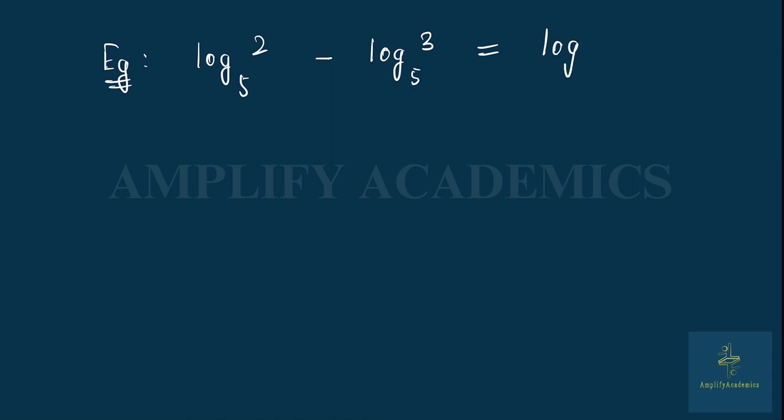Let's see some examples. Let's say you have log base 5, argument 2, minus log base 5, argument 3. What's going to happen is you're going to divide the arguments. And if you have log base 5, argument 3, minus log base 4, argument 2, nothing's going to happen.